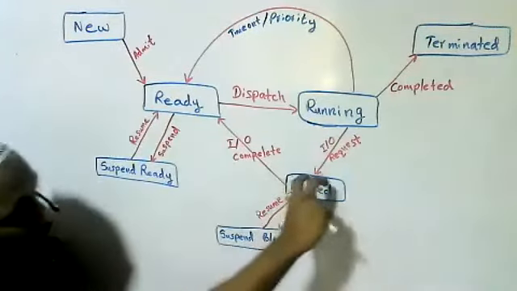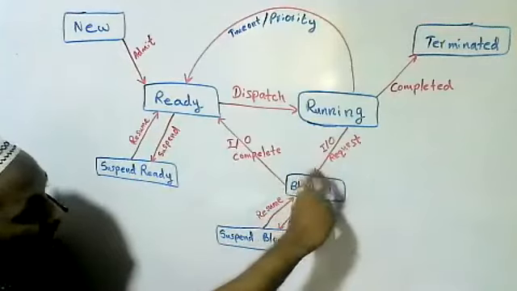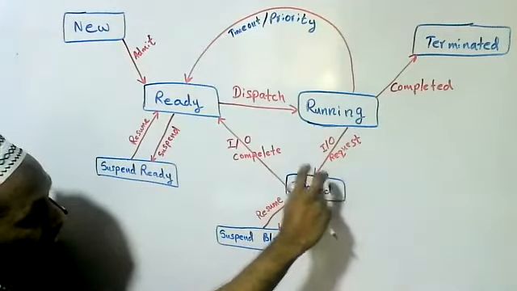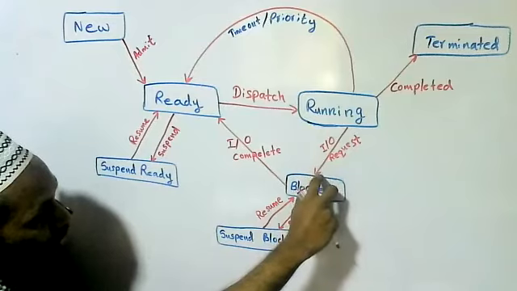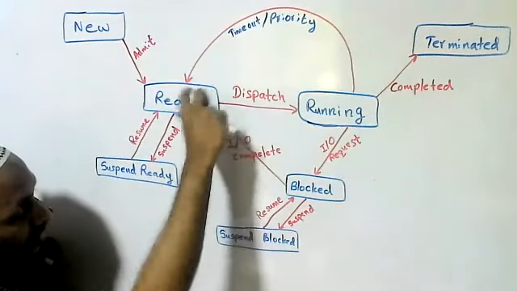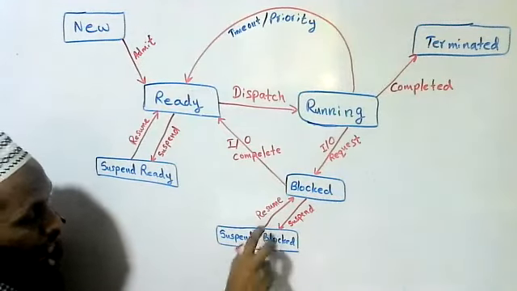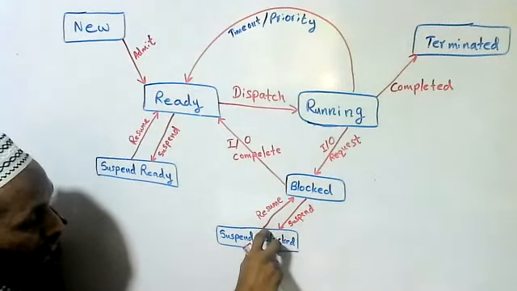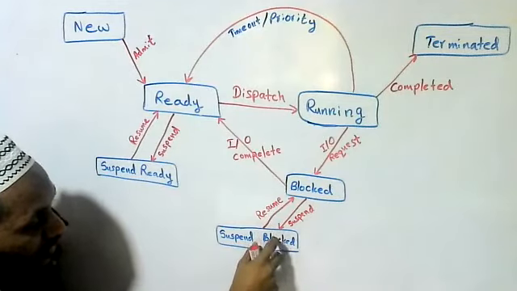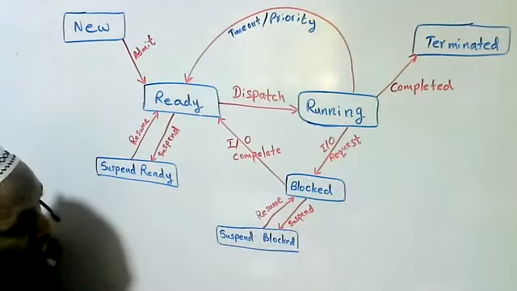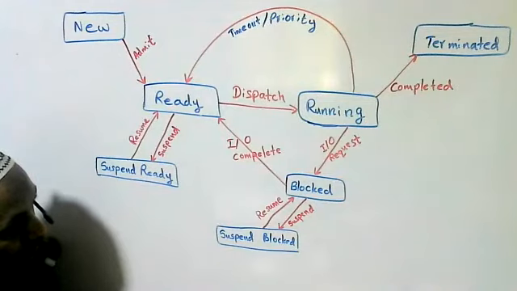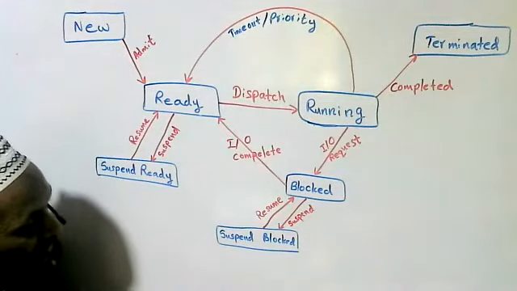A process in blocked state can complete its IO request. If it completes its IO request, it goes to ready state. A process in suspend blocked state also can complete its IO request in this state, then it can't go to blocked state again. Hope it's clear, students.